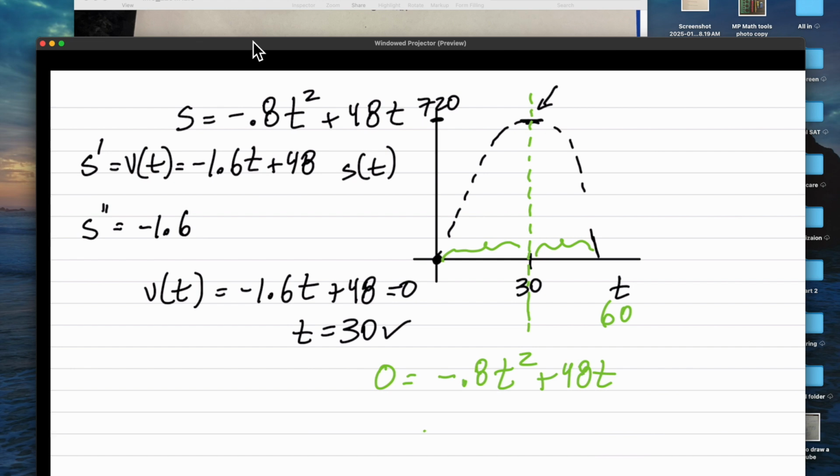And when we solve for t, we're going to pull out a negative t, and we're going to get 0.8t minus 48 equals 0. We're going to use the zero product property and recognize that this function will be 0 when t equals 0, and when we set that factor equal to 0, and when we solve, we will get 60.